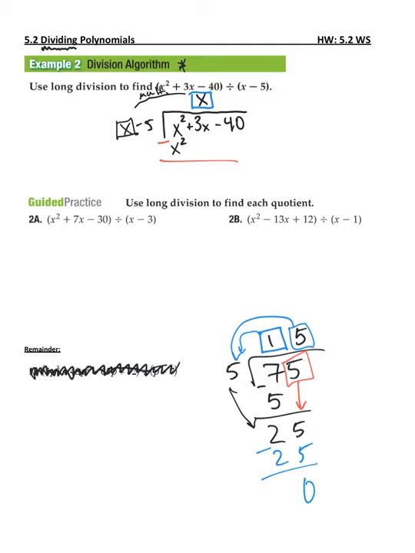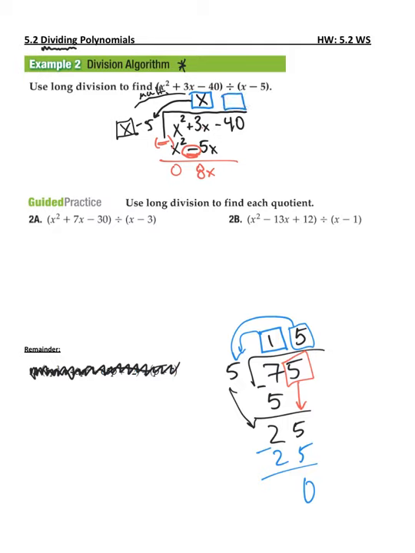I also need to take this x and multiply it by the negative 5. x times negative 5 is negative 5x. Now the division algorithm says I need to subtract: x squared minus x squared is 0. 3x minus negative 5x, double negatives become a plus, so that's a positive 8x.